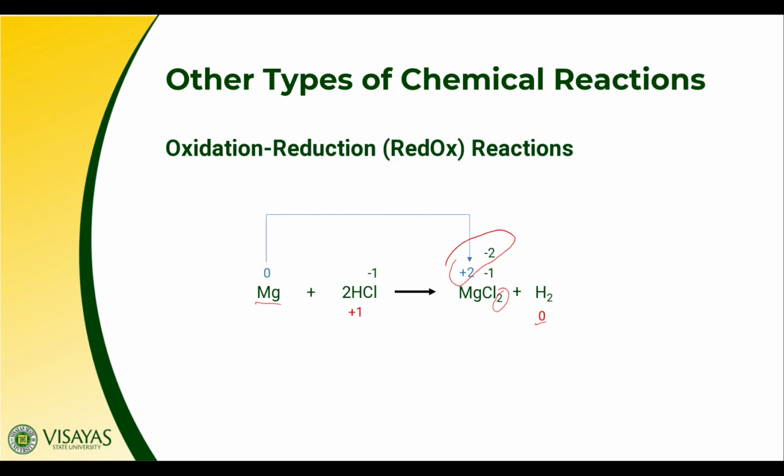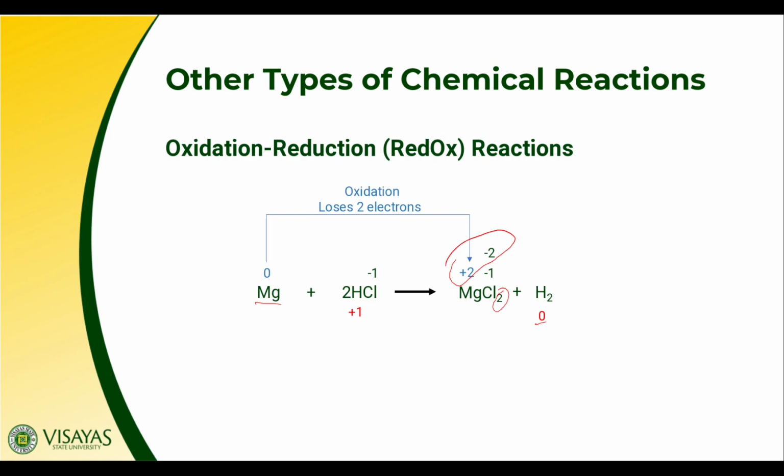What happened? Did it gain or lose electrons? When the oxidation number is increased, there is loss of electrons, because electrons are negatively charged. So from 0 to 2, that means it has lost 2 electrons.